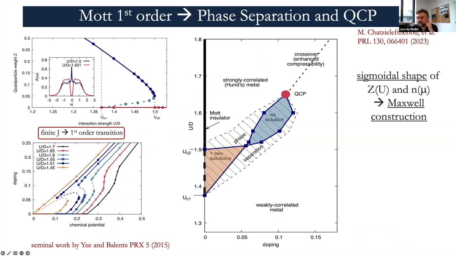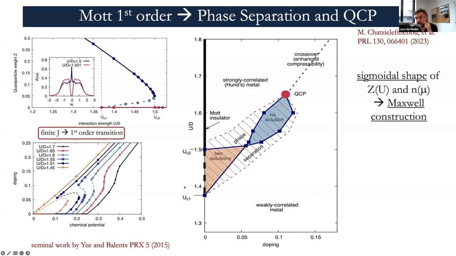And you have these spinodals crossing here and ending in a quantum critical point, which is exactly the point where the unstable solution vanishes and the solution becomes monotonic again. And then you see that across this zone, you have a transition between a weakly correlated metal, which is this branch, and a much more strongly correlated metal. I didn't show it here, but the Z quasi-particle weight is much lower for this branch.